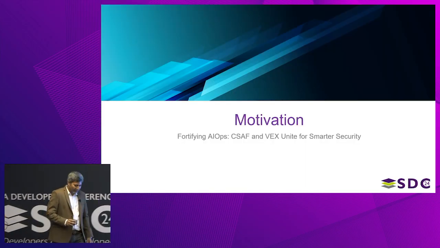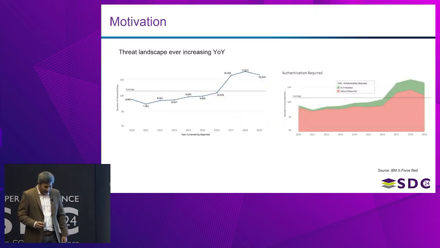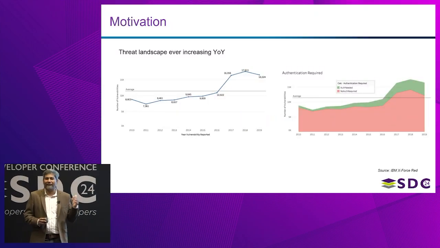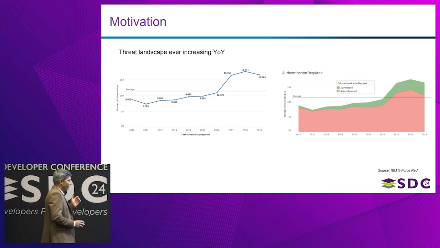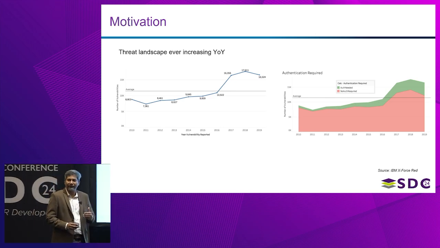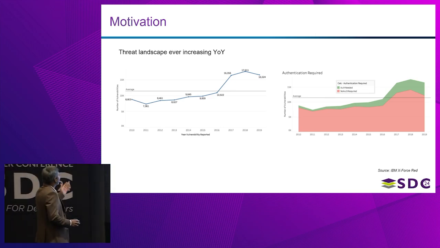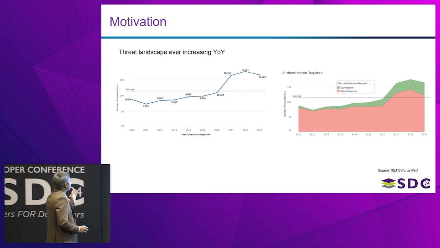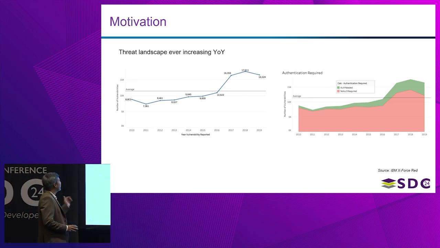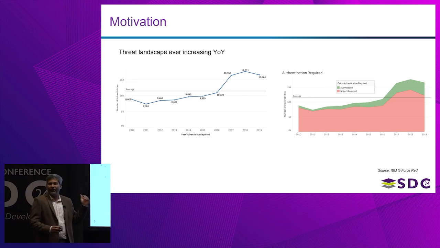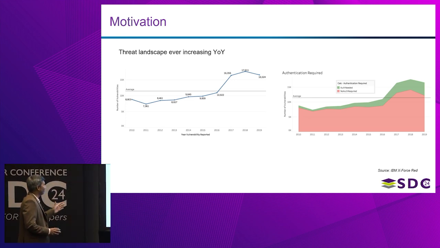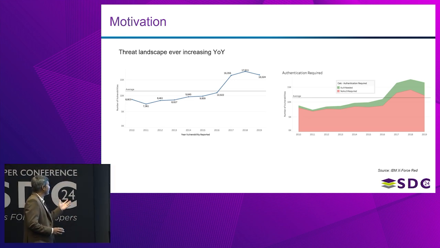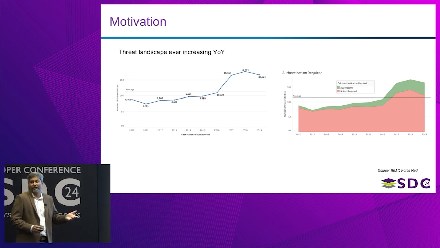So let's talk about the motivation, okay? Now, if you look at the security landscape, you'll see that there are threats that are evolving day after day. This is just a number from 2010 to 2019. What you could see is that the number of vulnerabilities has increased manifold. In fact, just over about 9 years, it's more than double.